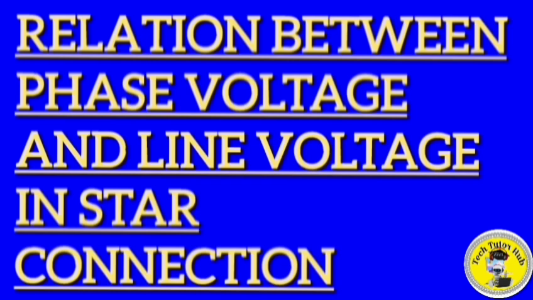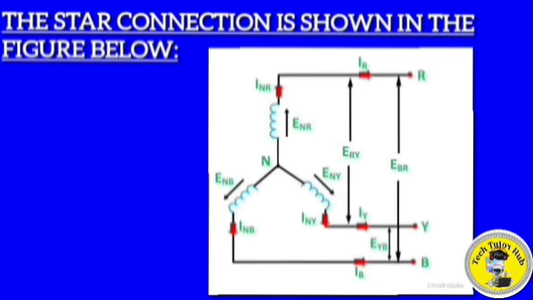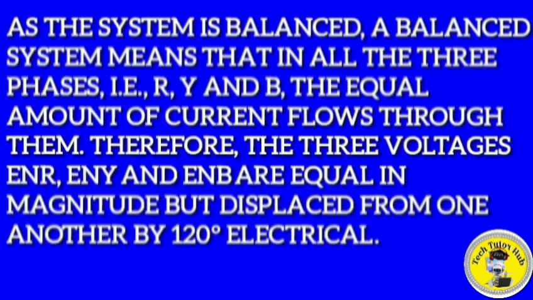Relation between phase voltage and line voltage in star connection. As the system is balanced, a balanced system means that in all the three phases, that is R, Y, and B, an equal amount of current flows through them.